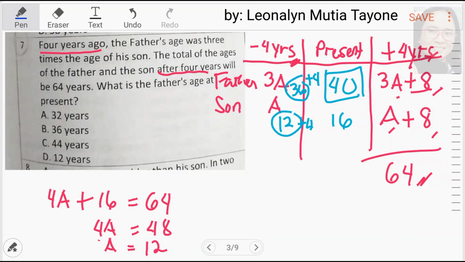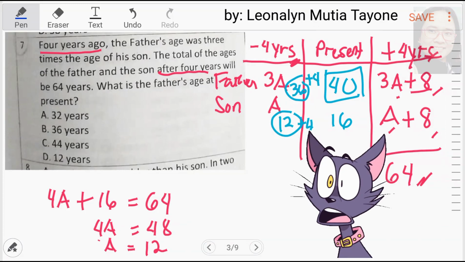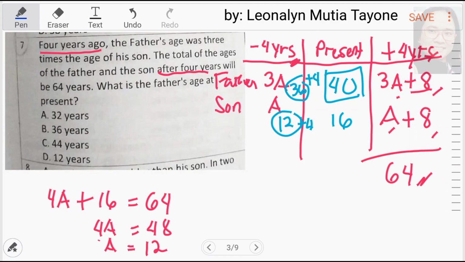So, tayo yung mag-adjust. Tingnan natin, what if ang gumawa sa question na ito, ang ibig sabihin niya ng after 4 years ay at present pala. Kasi 4 years ago, meron tayong 4 years ago. Tapos, after 4 years. Baka at present yung ibig sabihin niya. We will see. Ito si father. Ito naman si son.